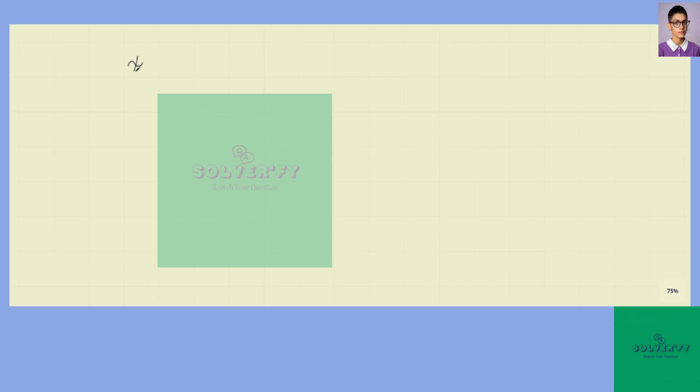Now, the wave function psi1 of x is equal to c1 x times e to the minus m omega x squared over 2 h bar.